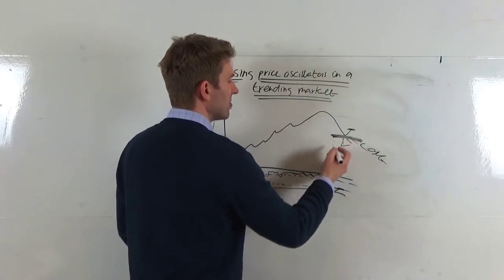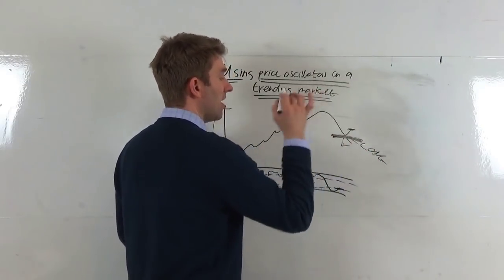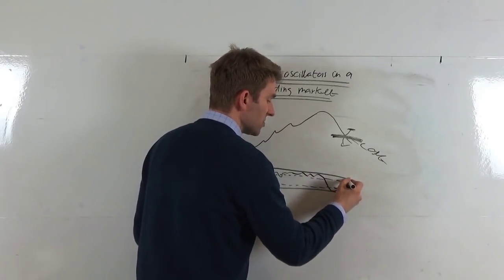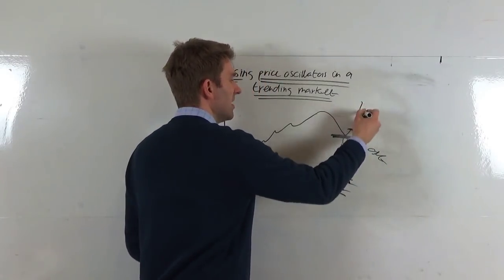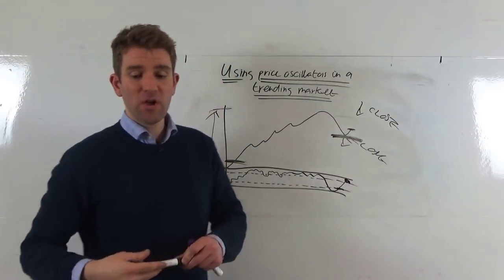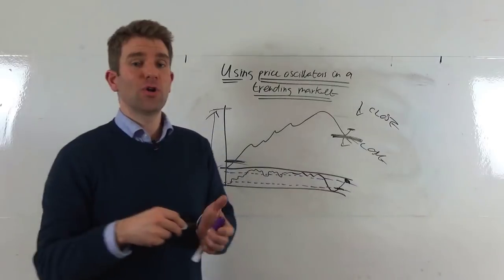Buy it there, have a stop there, look for a further push to highs, or ignore price altogether and say, as soon as that oscillator gets back into overbought territory, I'm going to close the position and come out of it. And obviously flip it on the reverse side if you are looking at a short.